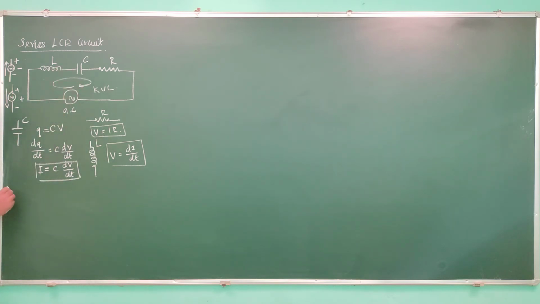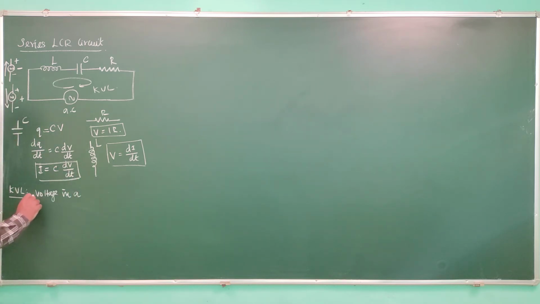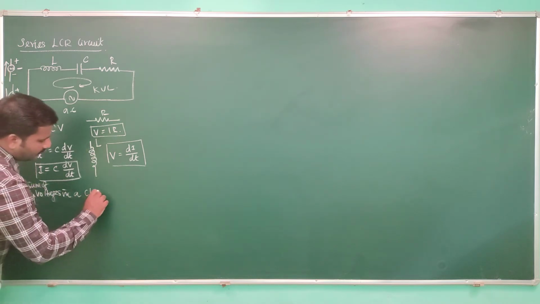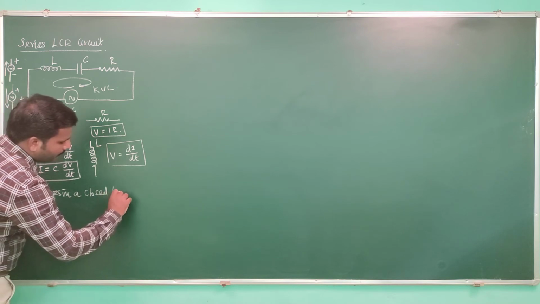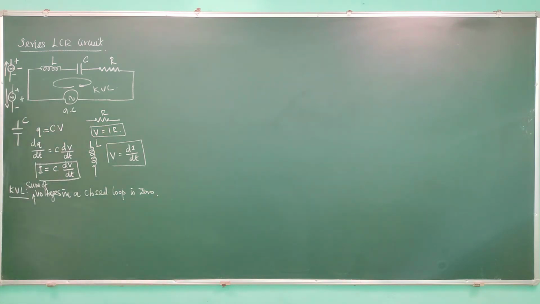According to KVL, in a simple sentence, the sum of voltages in a closed loop is 0.